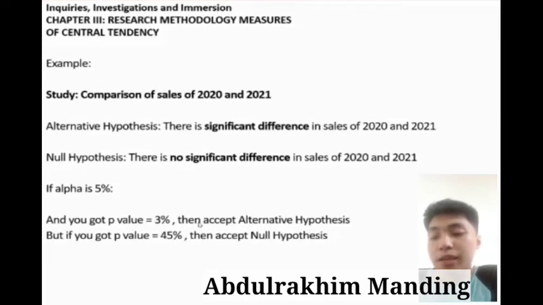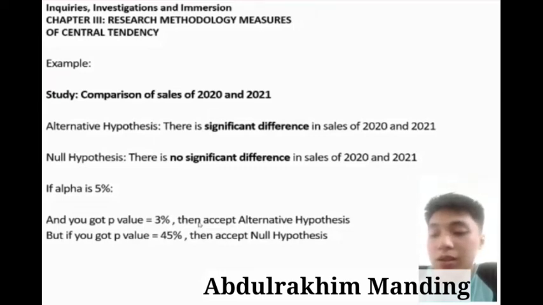For example, a study comparing sales of 2020 and 2021. Alternative hypothesis: there is a significant difference in sales of 2020 and 2021. Ang null hypothesis, ang ibig sabihin ng null ay wala.